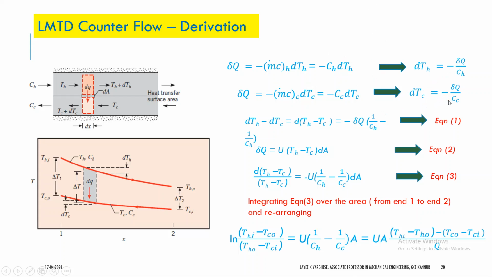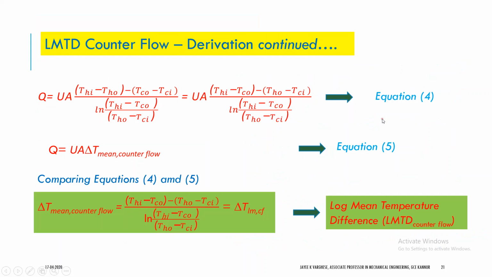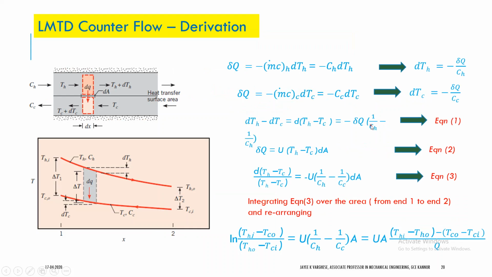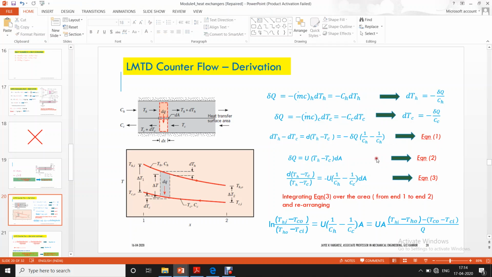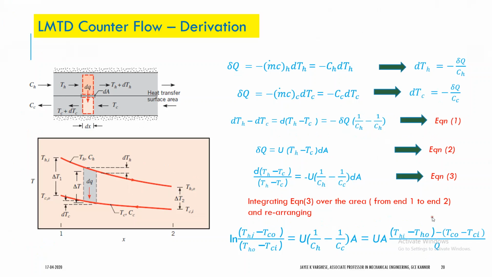So now equation 1 and equation 2 as before. Subtracting dth minus dtc, dt is equal to d of th minus tc, is equal to minus of dq into 1 by ch minus 1 by cc.